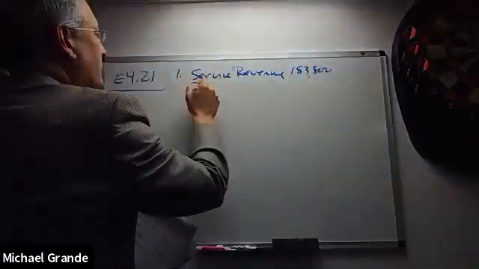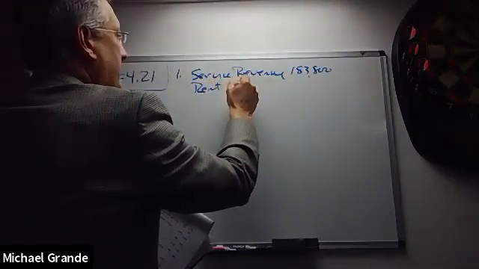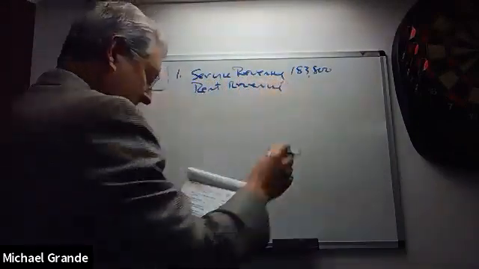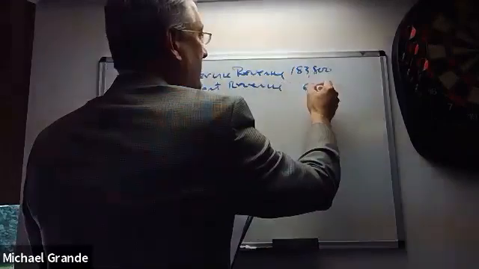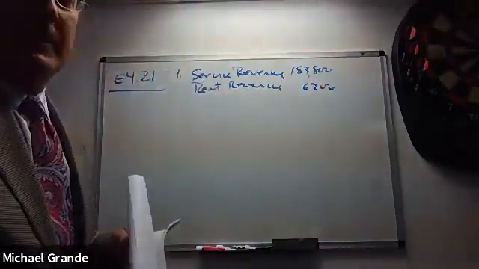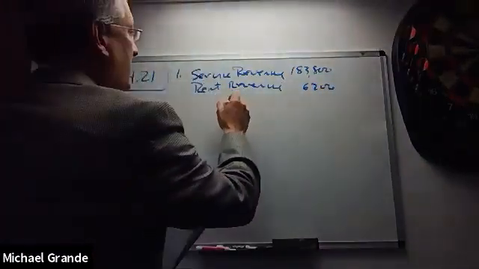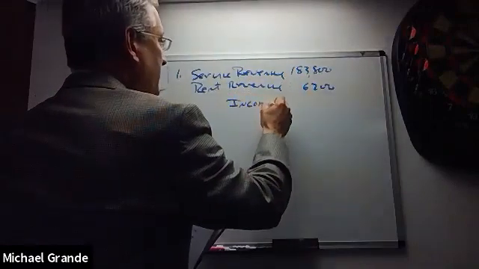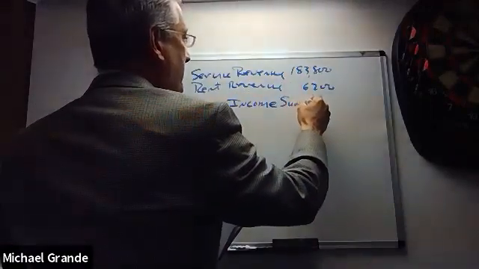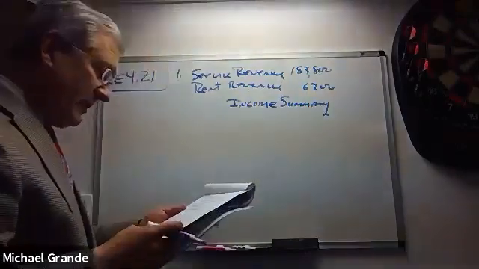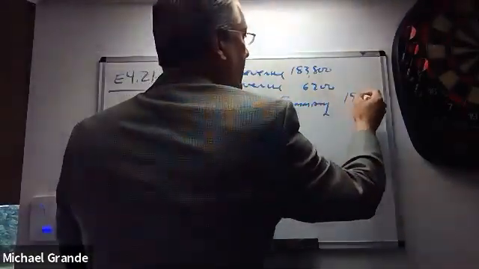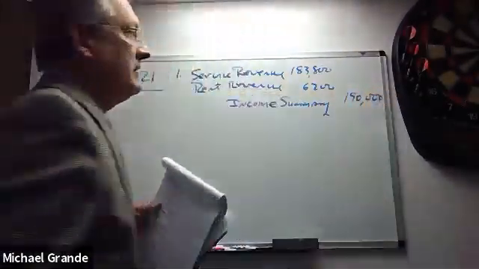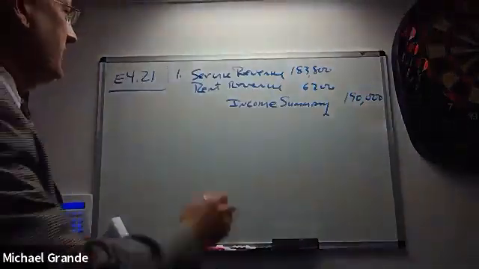And then there's rent revenue, and that's in the amount of $6,200. Debits have to equal our credits. I'm going to close it to income summary. Add the two numbers together, it comes up to $190,000.